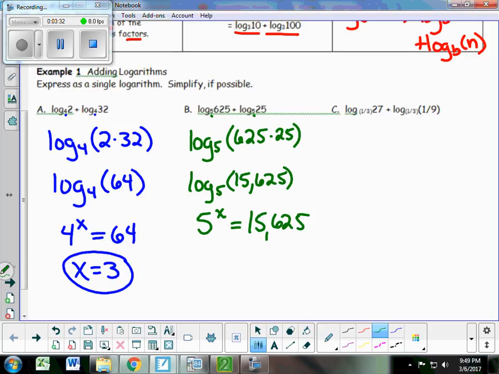Now you might not know this one right off the top of your head. When I went through these notes earlier, I just did guess and check, and x ends up equaling 6.